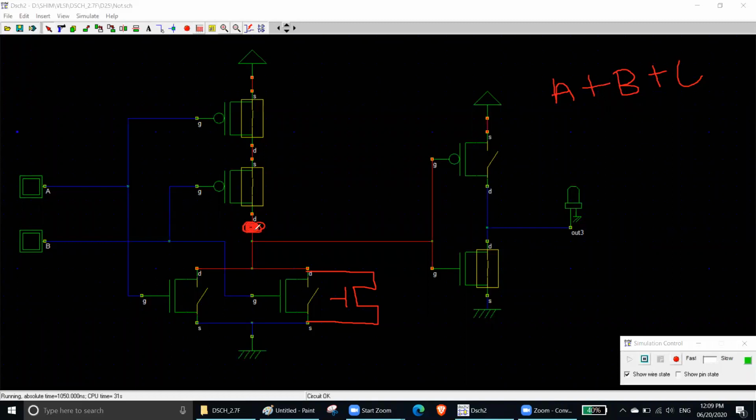You have to include one PMOS here, or here, or in the middle. No problem, sequence doesn't matter. So ABC or ACB or CAB doesn't matter. Where you want to include it, no problem. Understand? So remember, for NMOS and PMOS, wherever you connect it, in the middle or at the last, doesn't matter. So when you need 3 inputs, you need 3 PMOSFET and 3 NMOSFET.